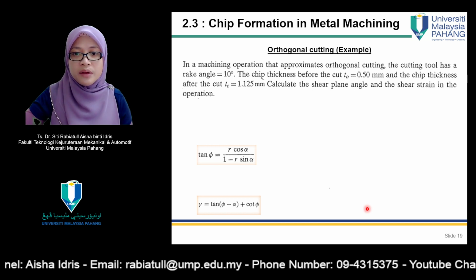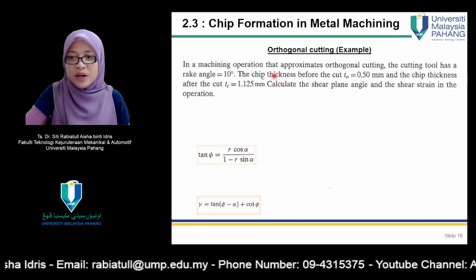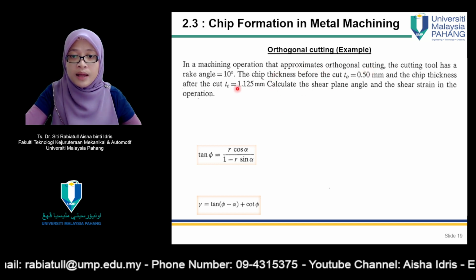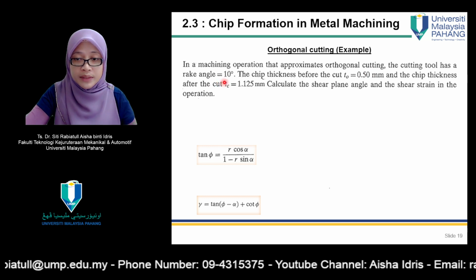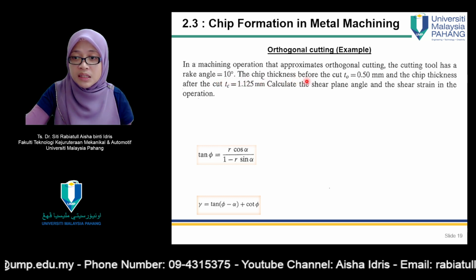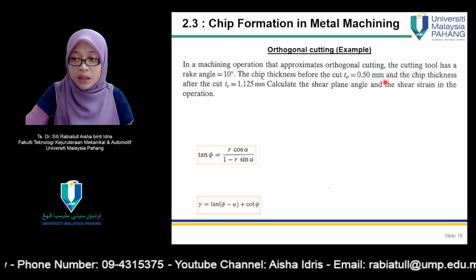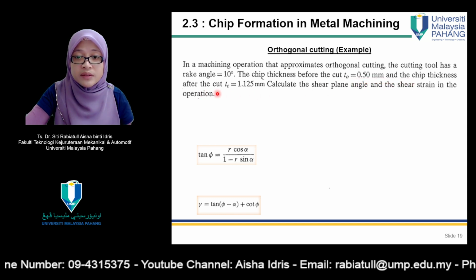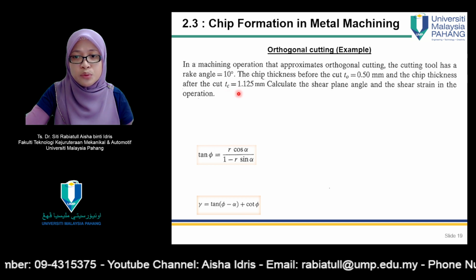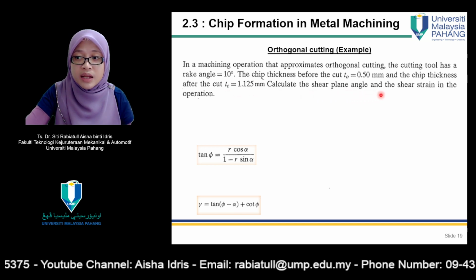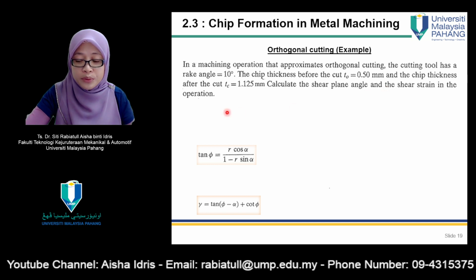Let's read it together. In a machining operation that approximates orthogonal cutting, the cutting tool has a rake angle equal to 10 degrees. The chip thickness before the cut, t0, equals 0.5 mm and the chip thickness after the cut, tc, equals 1.125 mm. Calculate the shear plane angle and the shear strain in the operation.